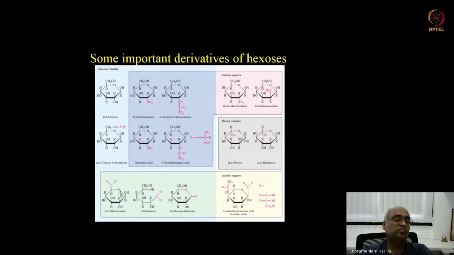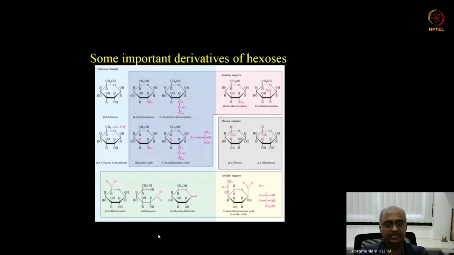Some of them may have a similar oxidized form at the CH2OH 6th carbon, and they are called uronic acids. In this case, it is glucuronic acid. Aldonic acid means the 1st carbon, and alduronic acid means it is the 6th carbon that is converted into a carboxyl group.